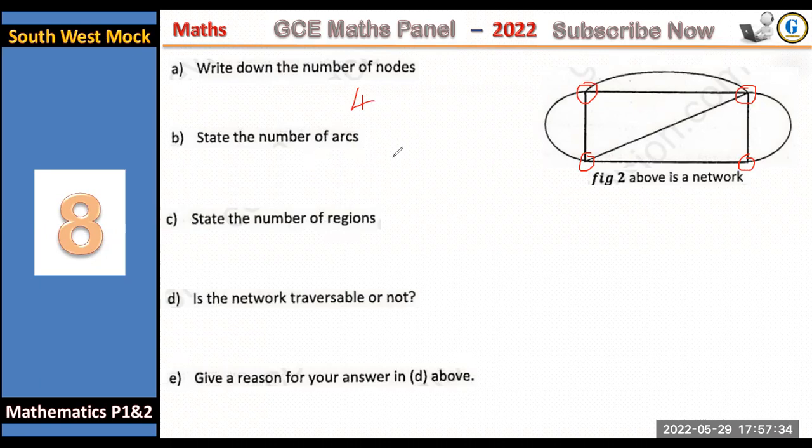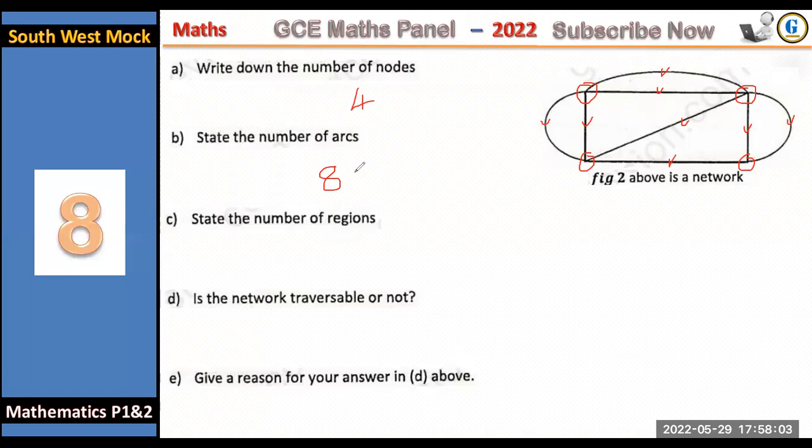Are you sure it's not 7? So this one inside is not included. It's included. Let's count. So we have this one: 1, 2, 3, 4, 5, 6, 7, 8. Of course, we have 8 arcs.